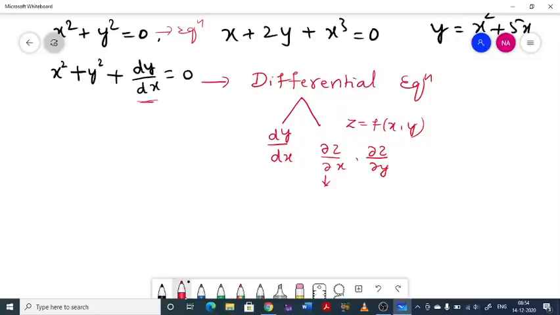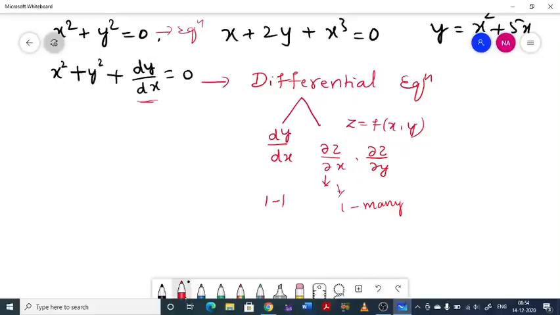You may have n number of independent variables, so the minimum number of independent variables must be 2. If you find d, that means there is only one dependent variable and one independent variable. So this means one dependent variable and many independent variables. So this is about differential equations.